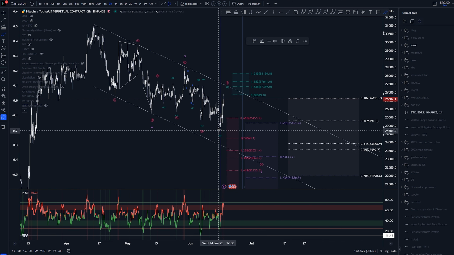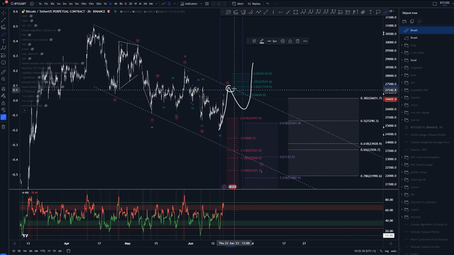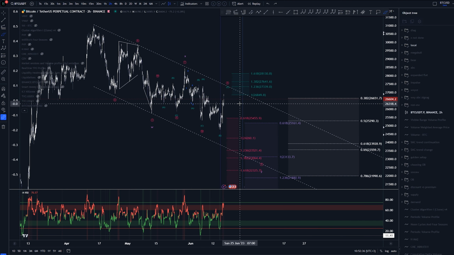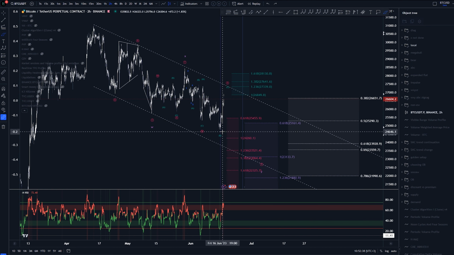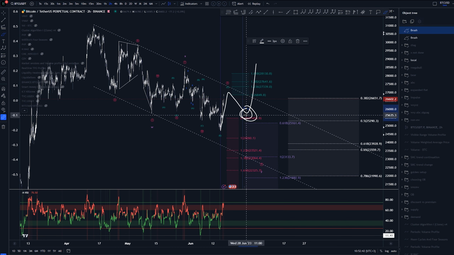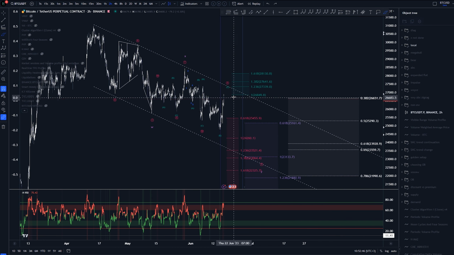That would mean that we would most likely be creating a 3-wave structure like so. But at that point, we would be looking to short this regardless of which case is going to happen. If we are looking for that diagonal, this would be an ABC, where we would be looking for long setups later on for that structure to happen, if it does.